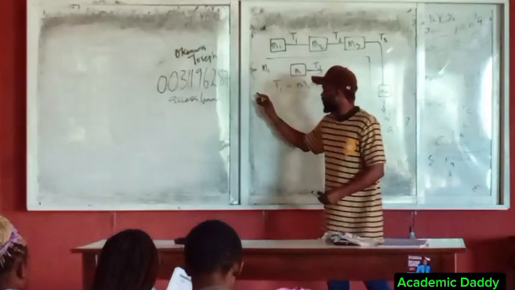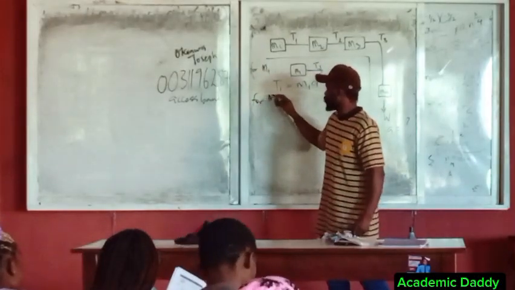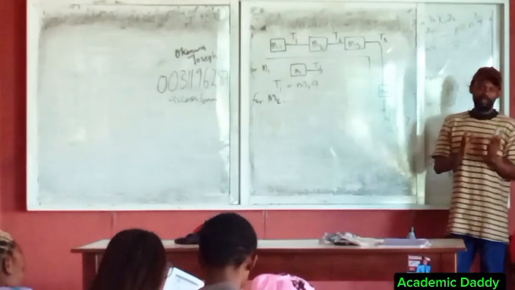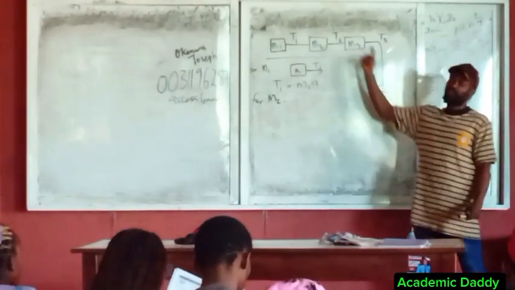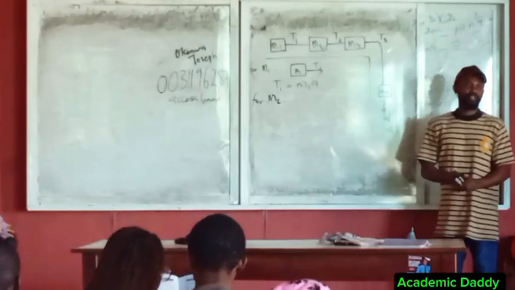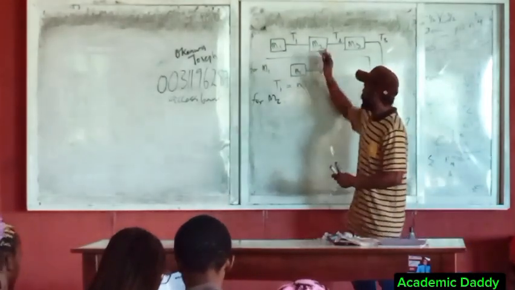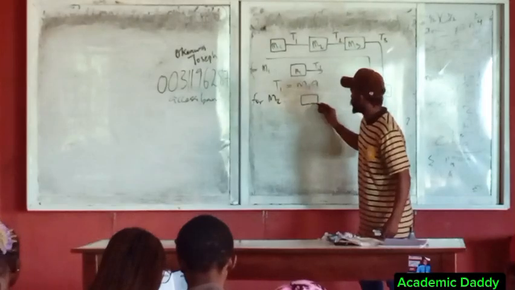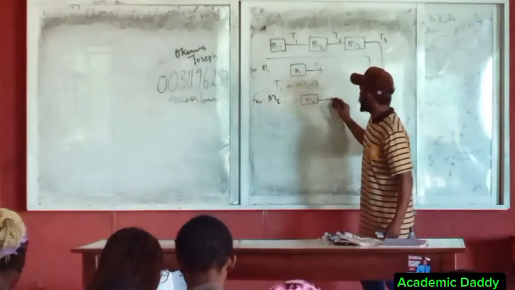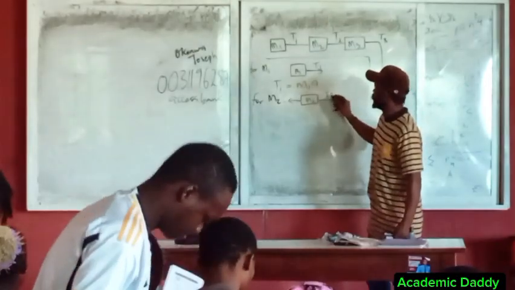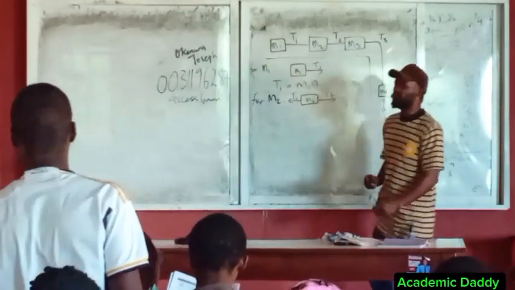Now for the second body, you see the reason why I had to take my time and analyze this. And we are using this one, because if we insist on using the total system, we will have issues. So let's reason it this way. For M2, let's bring it out. Let's get the forward and the backward. The forward is T2, the backward is T1.